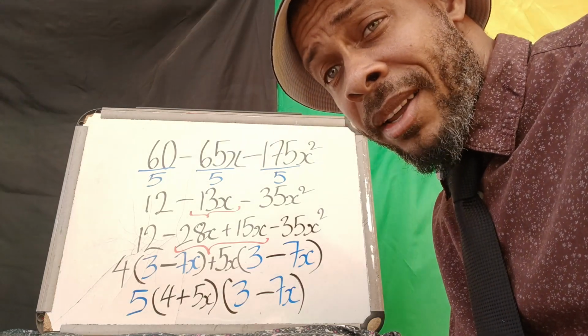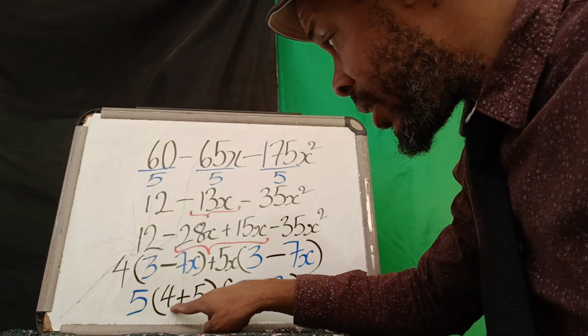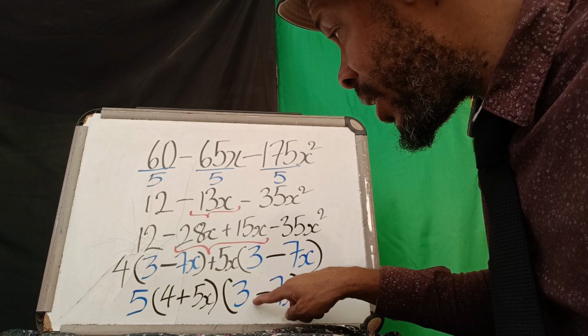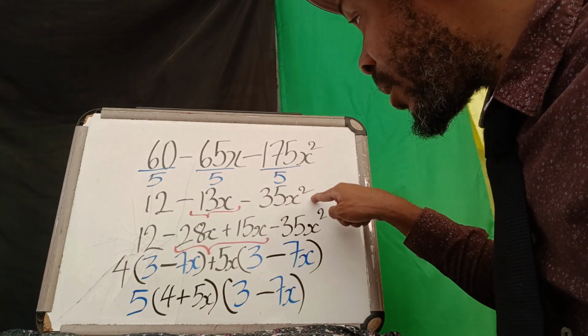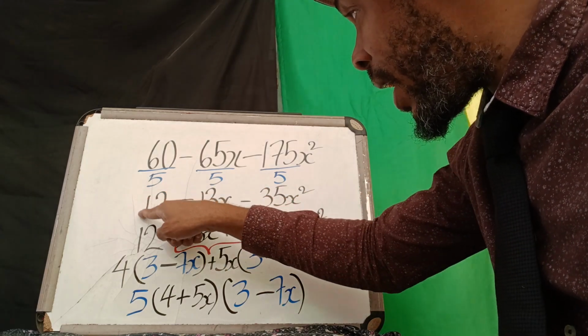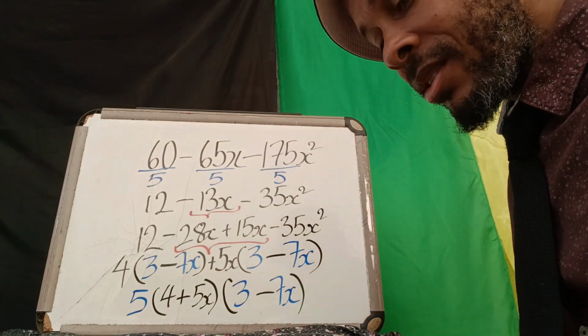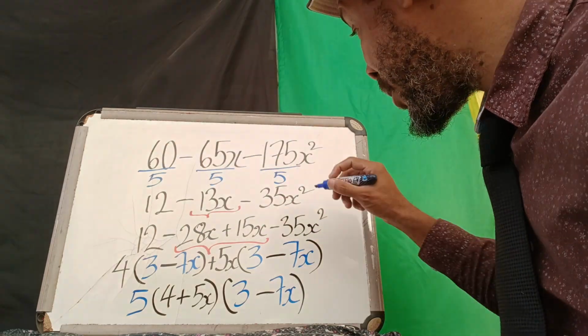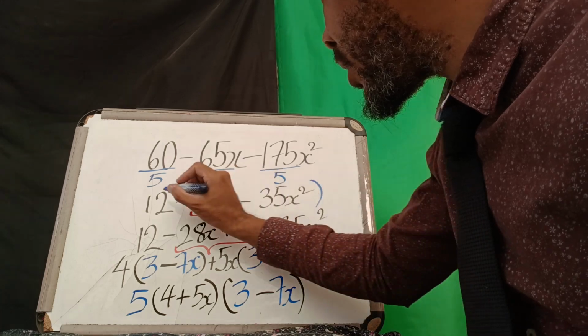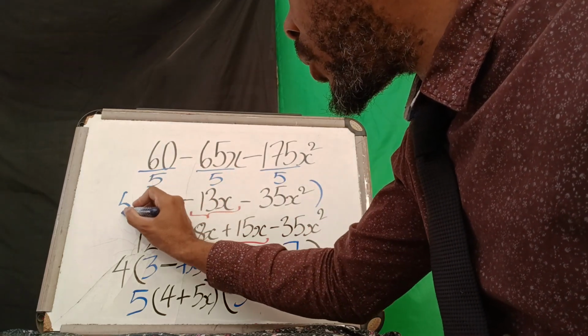The question is why? Because when you multiply this by this, it will give you this. But when you multiply all of that by 5, it will give you this. So we could do this, put a 5 out there.